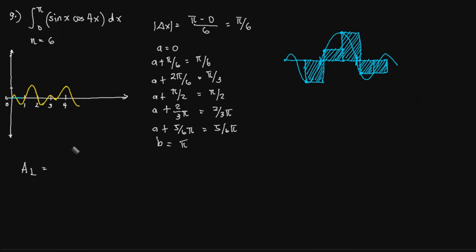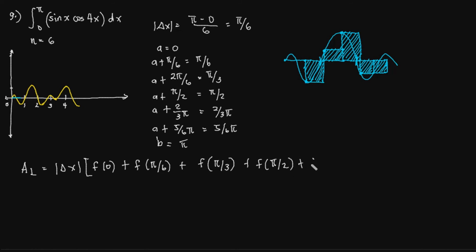So anyway, your A sub L would be your delta x times f of, so you start with f of 0, and then you add your f of pi over 6, add again f of pi over 3, then f of pi over 2, and then your f of 2/3 pi, and then finally your f of 5 over 6 pi. And again, we won't include the pi.